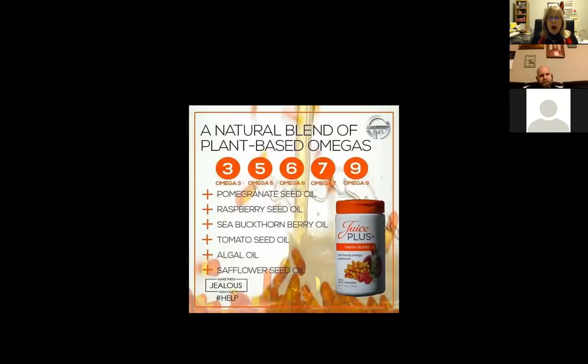And it comes from the pomegranate seed oil. Remember, pomegranate was one of the foods I told you to eat. We had raspberry. If we look at sea buckthorn, it grows wild. Tomatoes were on the list. Algae oil and safflower seed oil, all of which are high in omega-3s.